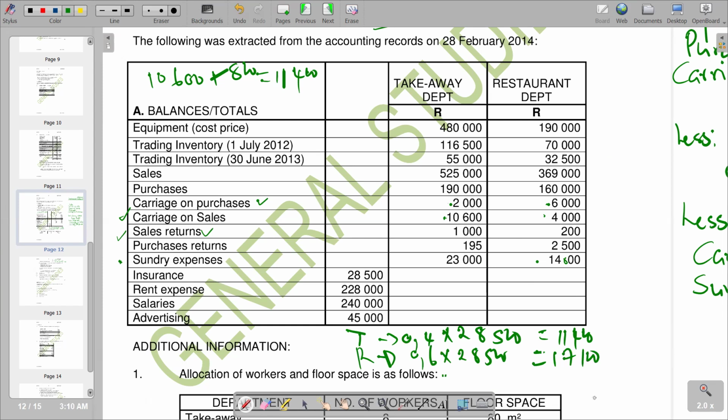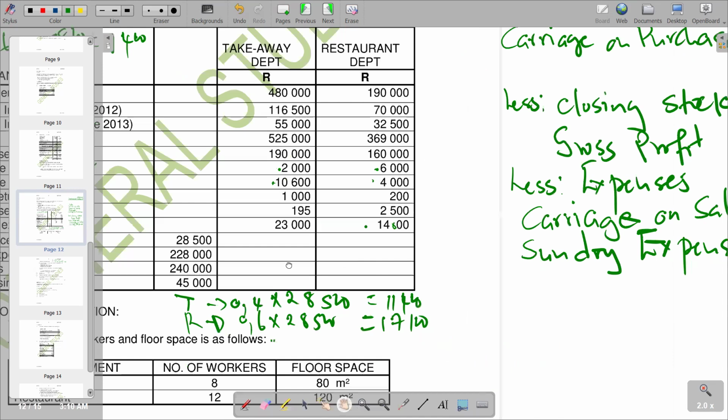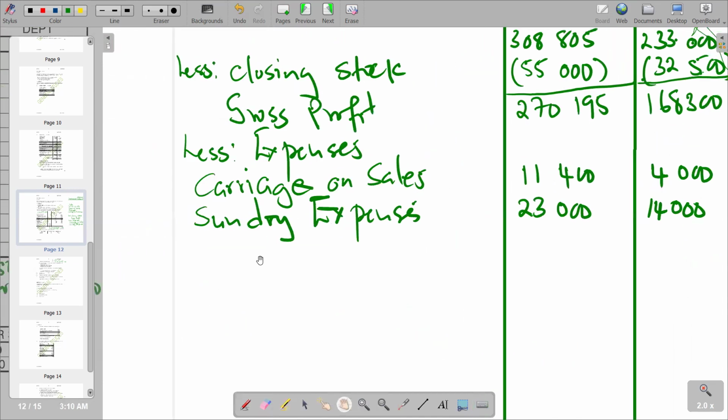So this is our insurance. For our takeaway, we put 11,400, and for our restaurant, we put 17,100.